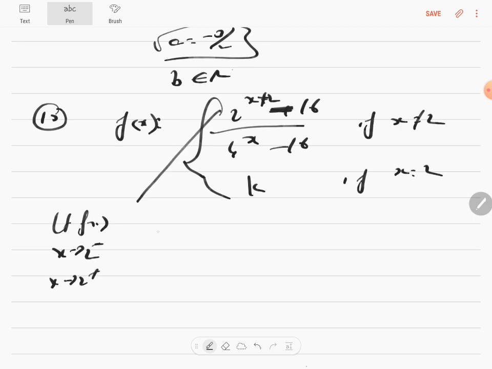You split this up: 2 to the power x into 2 to the power 2, minus 2 to the power 4, by 4 to the power x minus 4 to the power 2.